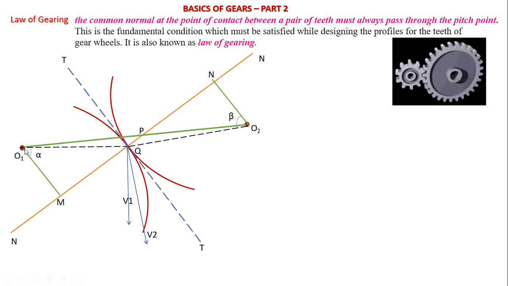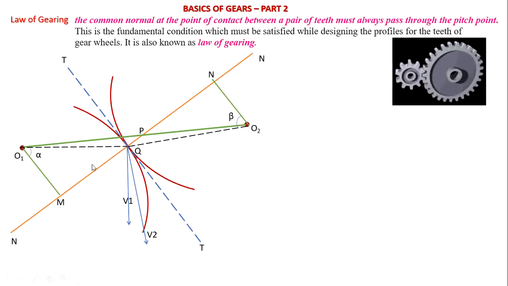V1 is drawn perpendicular to the line joining the center of gear 1 to the point of contact, and V2 is the velocity perpendicular to the line joining O2, the center of gear 2, with the point of contact. So this is the linear velocity V1 acting in this direction, and V2 is the linear velocity acting in this direction.